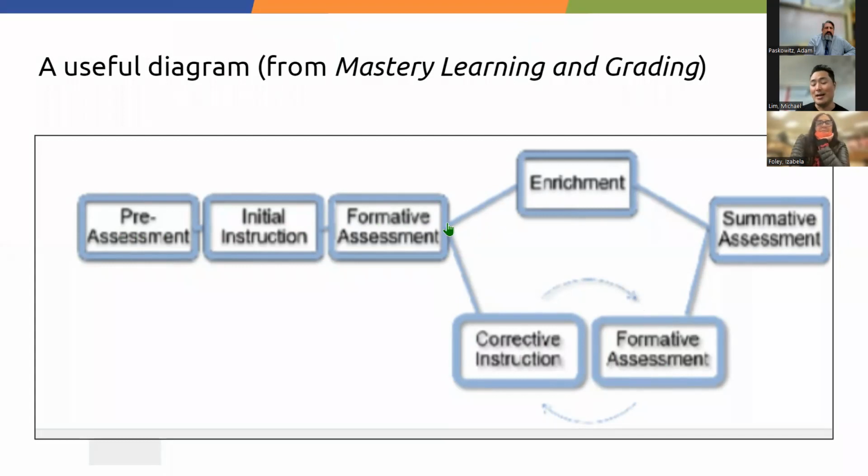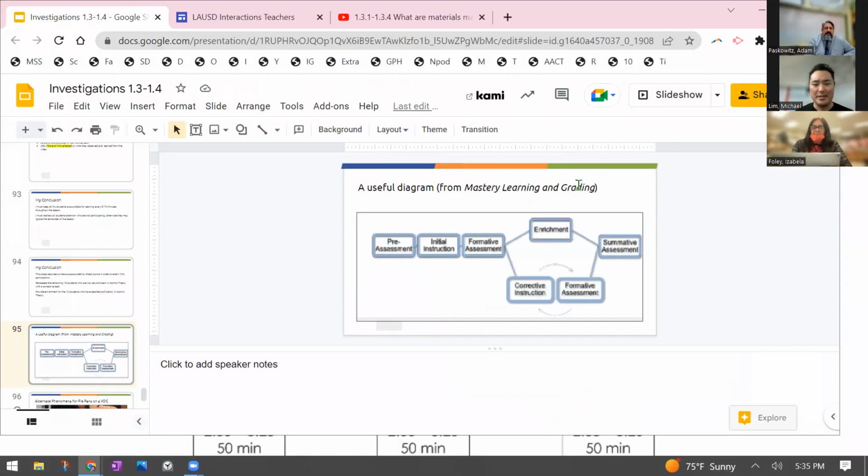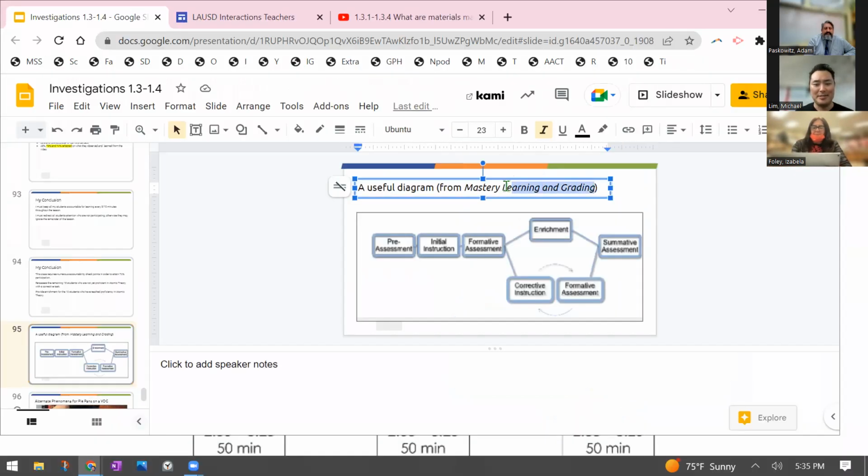And those who do not need the corrective instruction can go into enrichment. So this could be retitled as EGI. I hope I didn't date our presentation, but those who are familiar with equitable grading and instruction know that it's about having students not be discouraged and have a learned helplessness in the class.